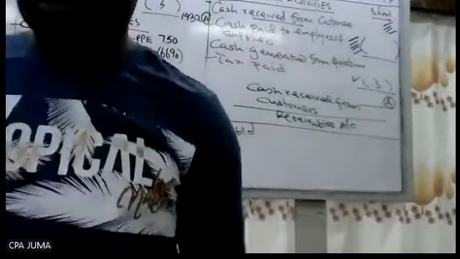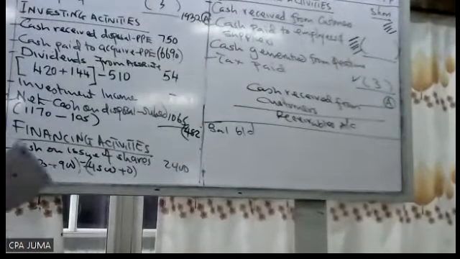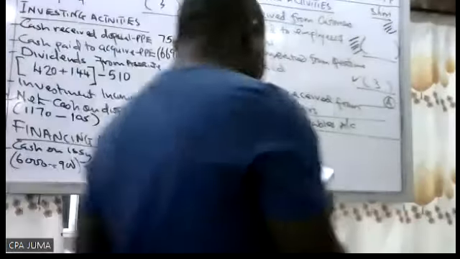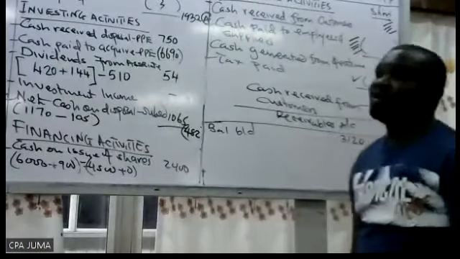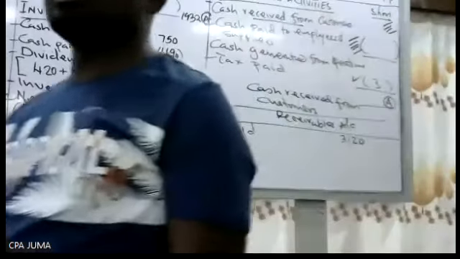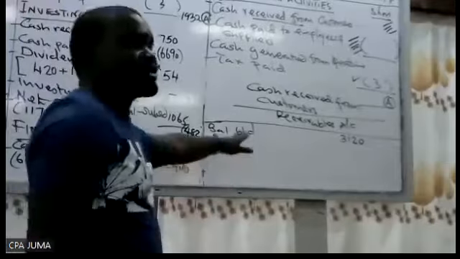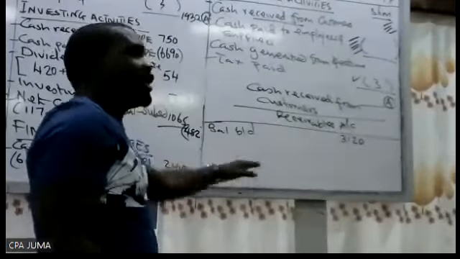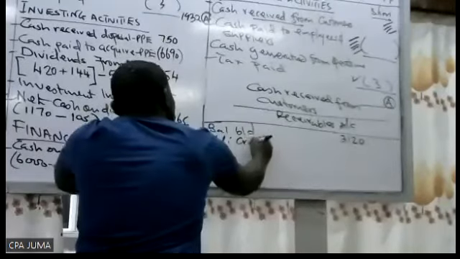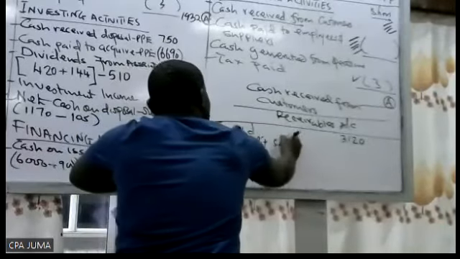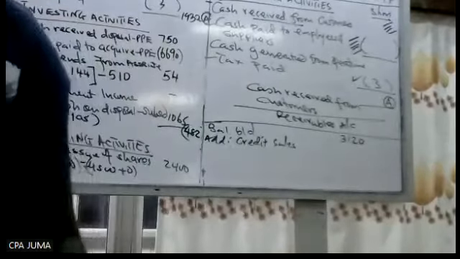Check receivables: 3120. Receivables are debtors. So top up credit sales, add credit sales. We assume that the entire revenue was on credit.